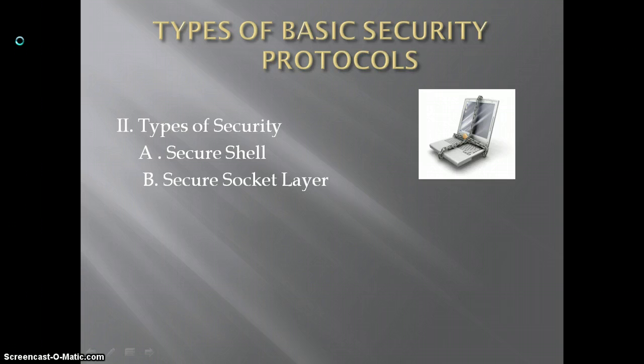The integrity phase will confirm that the contents of the packet did not change during transmission. During the final goal of IP security, confidentiality disguises or conceals the content of the message by using some type of encryption method. There are two types of security protocols.